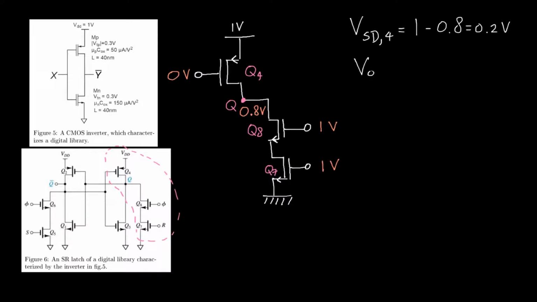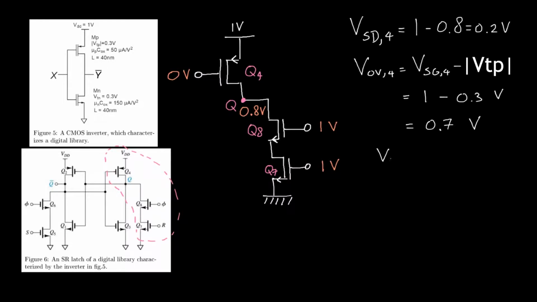And the overdrive voltage of transistor 4 is the source gate voltage minus the threshold voltage. In this case the source gate voltage is 1 volt minus 0 volts, so that's 1 volt minus the threshold voltage, which is 0.3 volts, and that is 0.7 volts. So we now know that the overdrive voltage of transistor 4 is larger than the source drain voltage of 4.